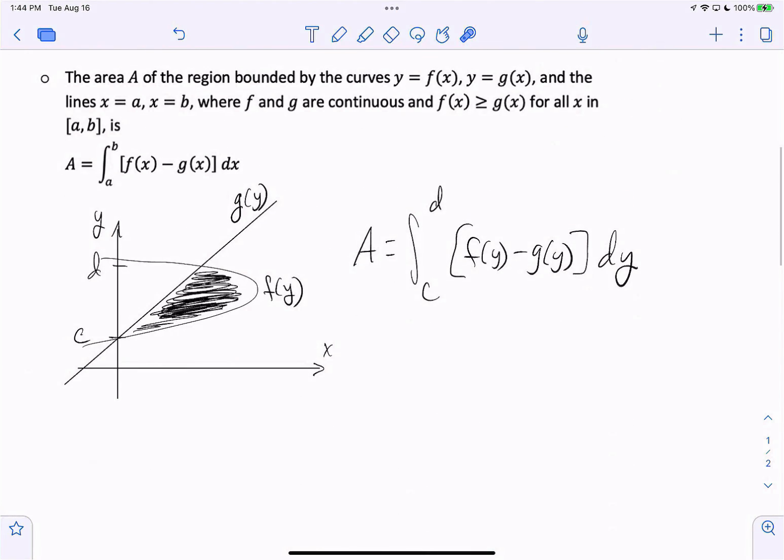When our functions are functions of y, we need to keep in mind that on the x-axis, to the right is positive, right? On the x-axis, for instance, 5 is to the right of 3. 5 is bigger than 3. So whichever function is the rightmost function, that's the one that's biggest. And the one that's the leftmost function for the region that we're talking about, that one is smallest.